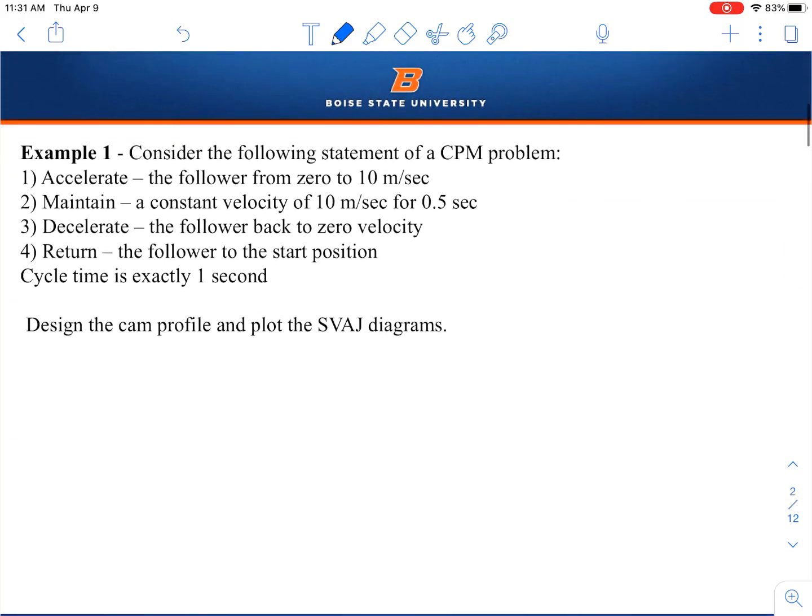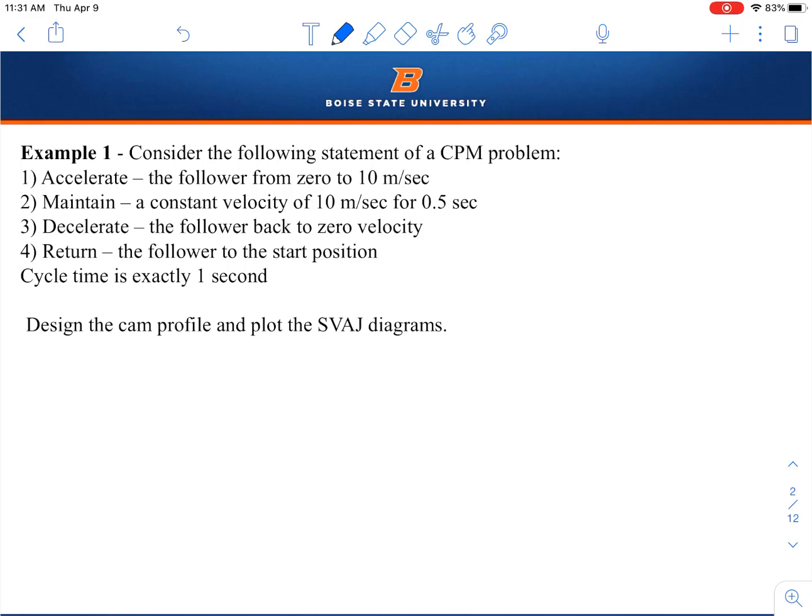All right, let's look at example number 1. Consider the following statement of a CPM problem. It first accelerates from 0 velocity to 10 meters per second.